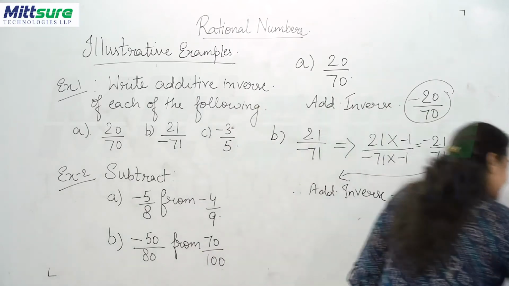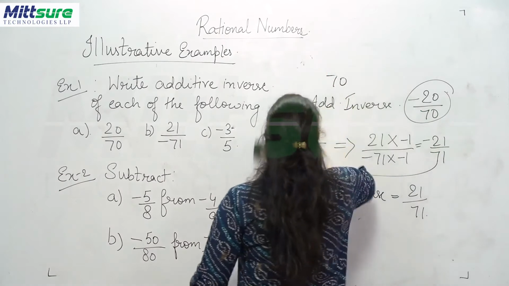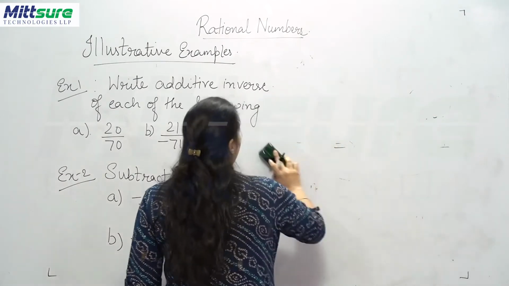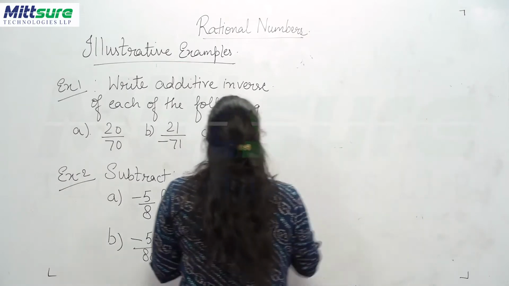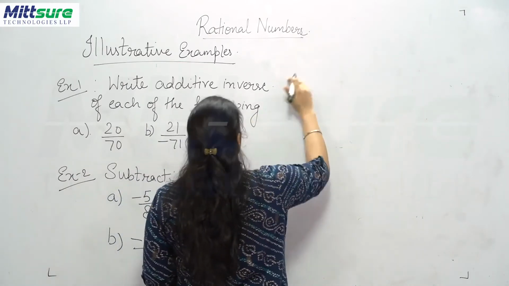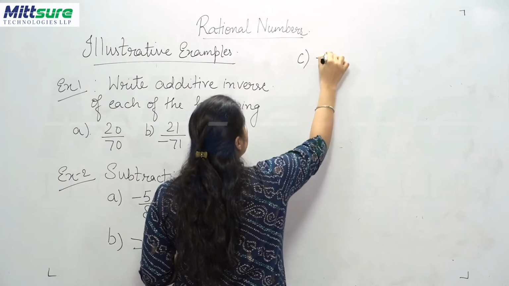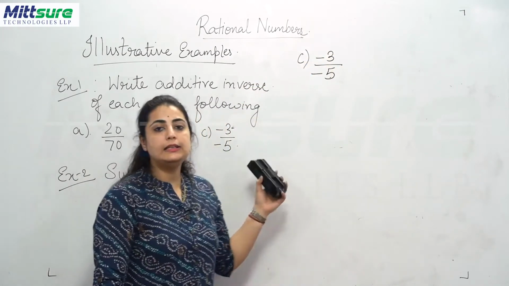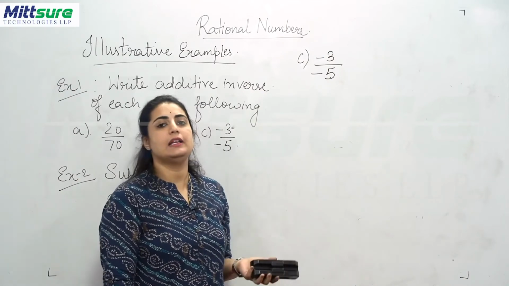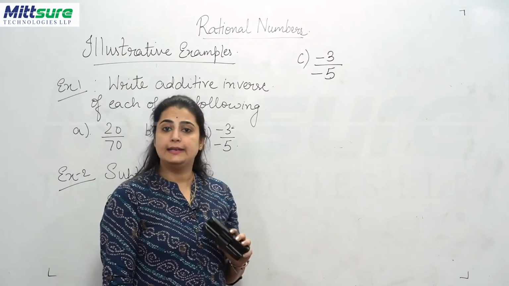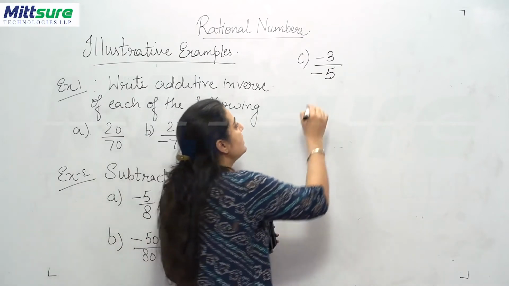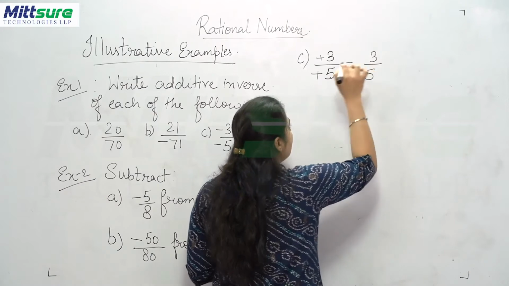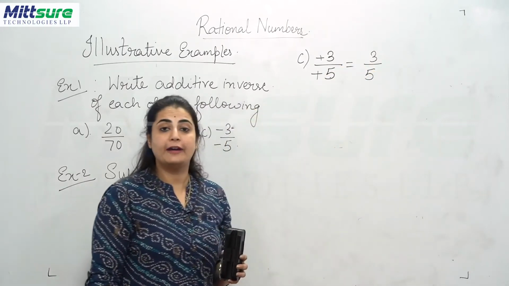The other example of the same is minus 3 upon minus 5. See, minus 3 upon minus 5. Now here in this question, the denominator as well as the numerator both have a negative sign. So obviously the negative sign gets cancelled and the rational number is 3 upon 5.